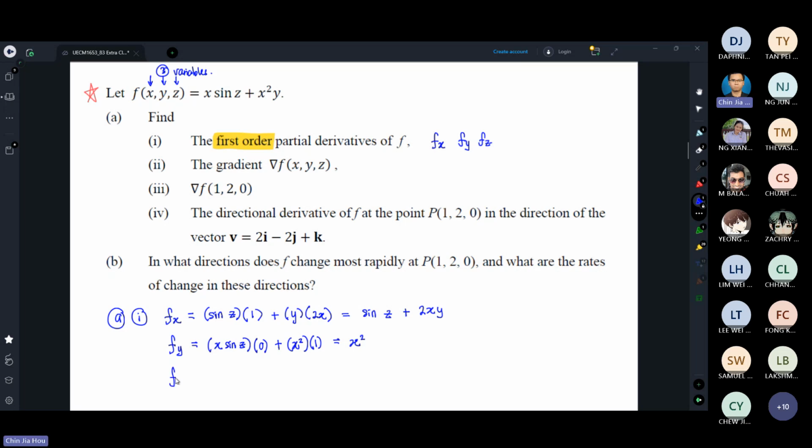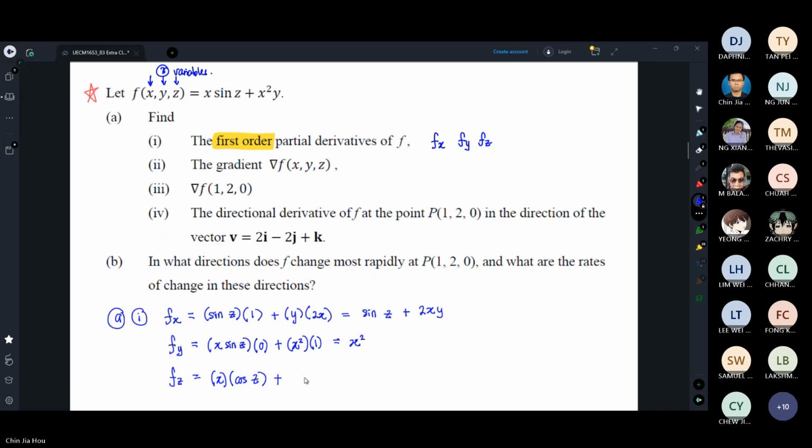Then finally we have f of z, where the first term has the z. So we write the x first, differentiate sine z. Here we get cos z. We don't have to do any chain rule here because there is nothing to chain. Inside the sine, we only have the z, which is to a power of 1, nothing to chain.